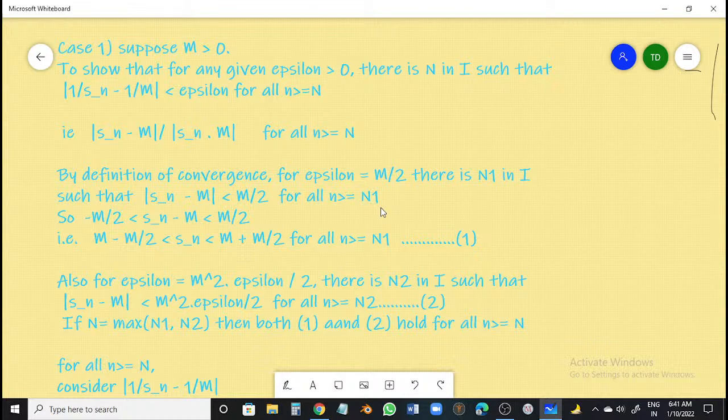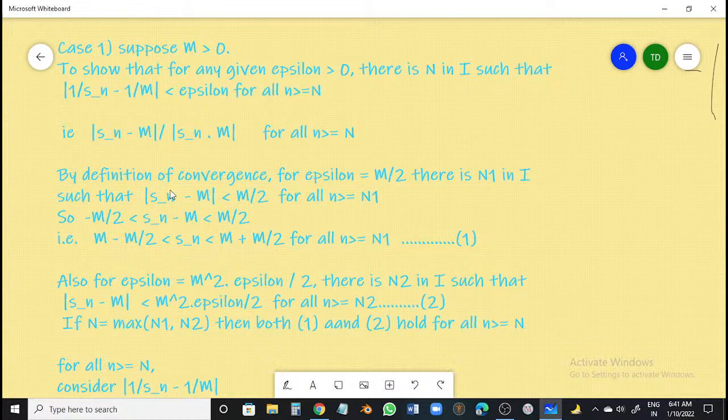After crossing that natural number, all the terms of the sequence will be close to m. This is what we mean. Here we have taken epsilon equal to m by 2. And for that epsilon we say there is some natural number, we are naming it as n1, such that mod of Sn minus m is smaller than m by 2 for all n greater or equal to n1.